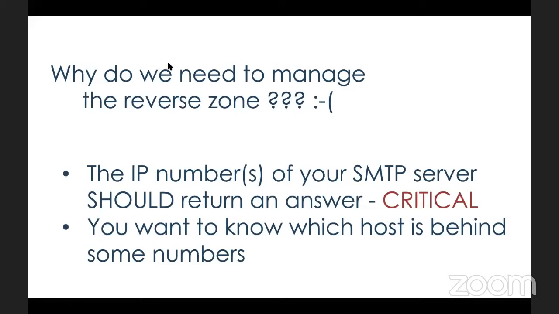Also, you want to know which host is behind some numbers. I will take just an example. You manage your core network. You have IPv6 interface, point-to-point interface over IPv6. And you want to know, oh, this is my IPv6 address for one point-to-point link, for example.